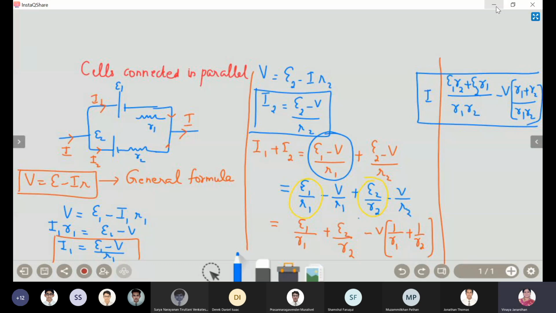So let us draw an equivalent circuit. Let us combine these two cells as a single cell and let us find what is the total current flowing in the circuit for the equivalent circuit. Shall I go for the next slide, boys?